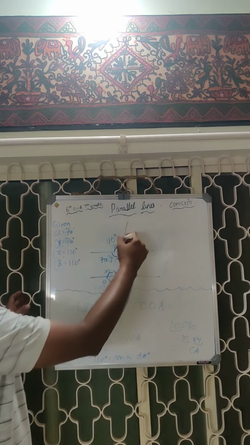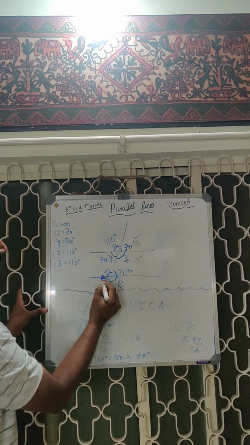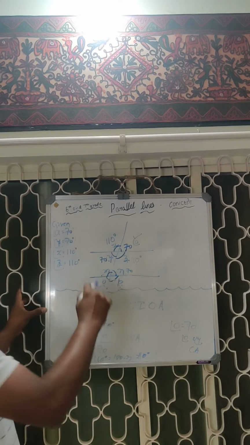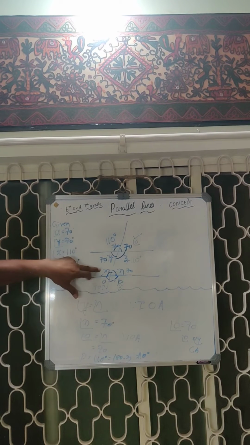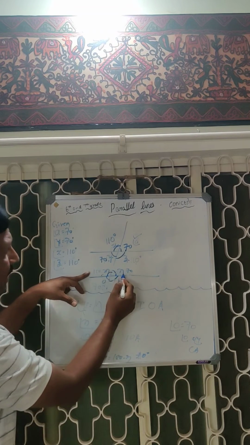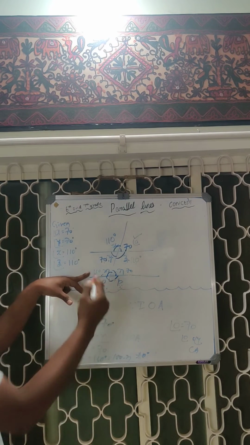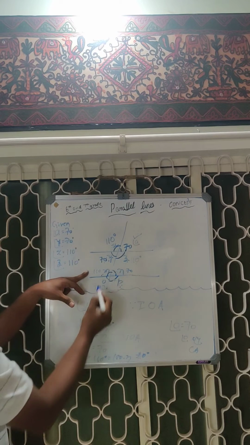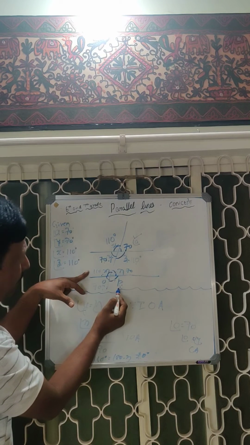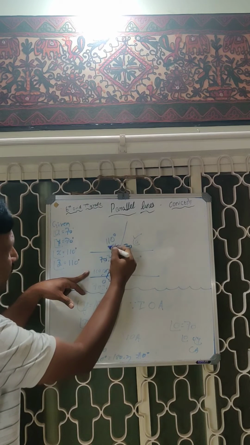Hence, with only one angle given, one more angle M can be found in different ways. M plus O is equal to 180 degrees, supplementary angles. Therefore M becomes 110 degrees. Or M plus N is 180 degrees, supplementary angles, a linear pair. And M is equal to P, vertically opposite angles.